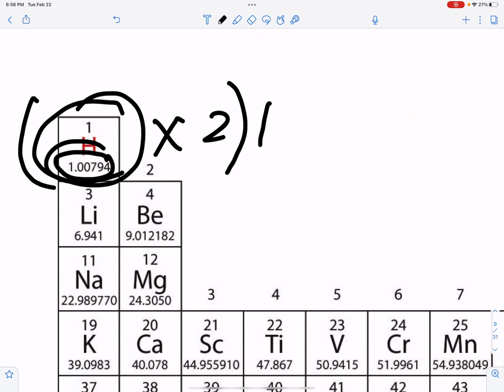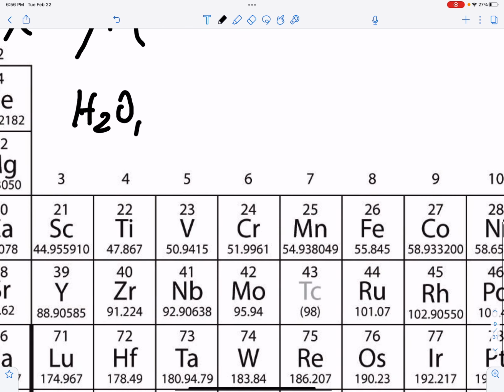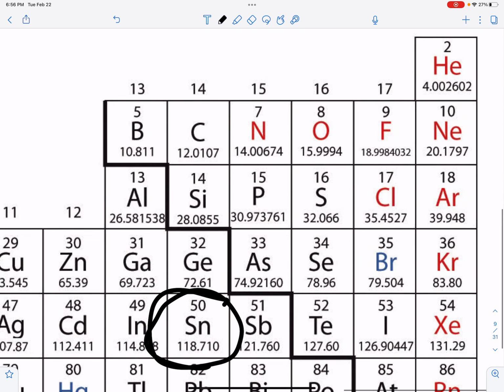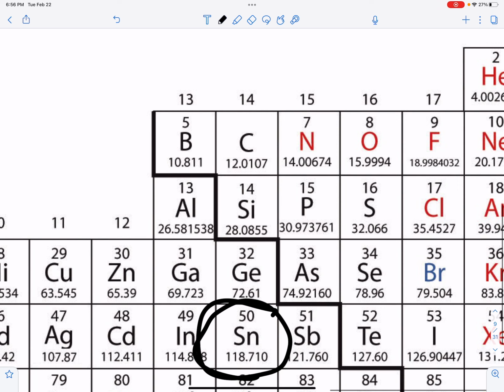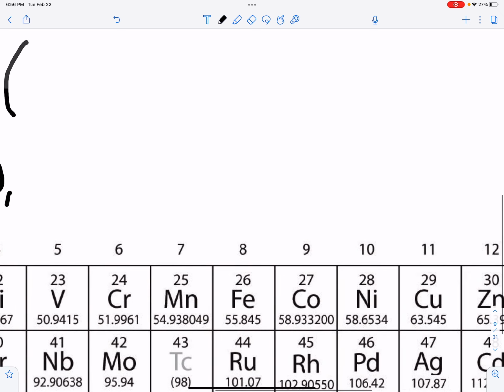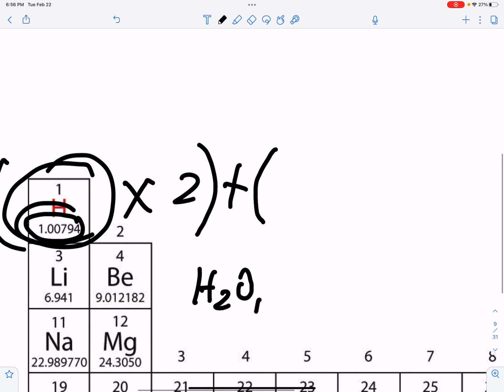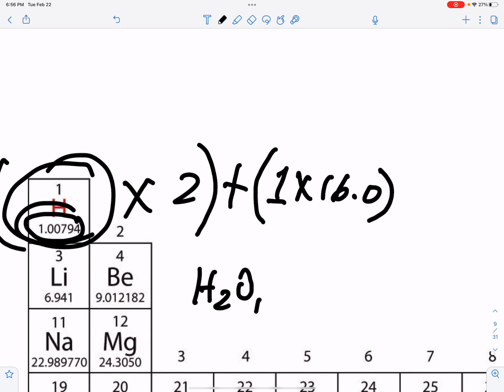And then you add this, since we're looking for water, right? We have 1 oxygen, and oxygen is going to be basically 16, right? When we round to 3 significant figures, you take 1 oxygen and multiply by 16 rounded to 3 significant figures.